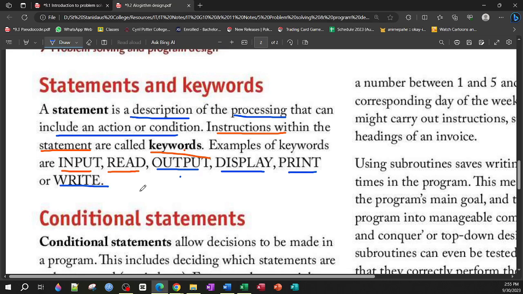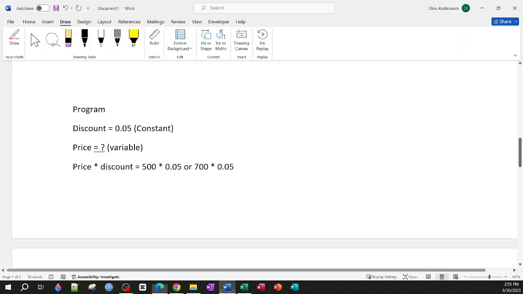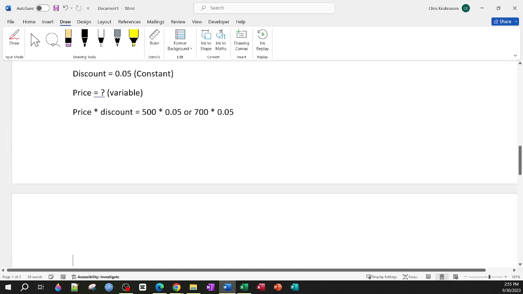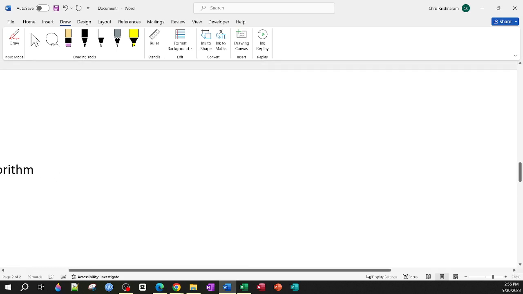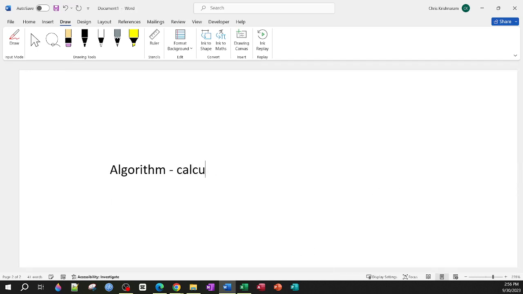So let me give you an example. Remember, we're looking at how to create an algorithm. And we could say the algorithm is to calculate discounts. So we could say enter the price of the item.